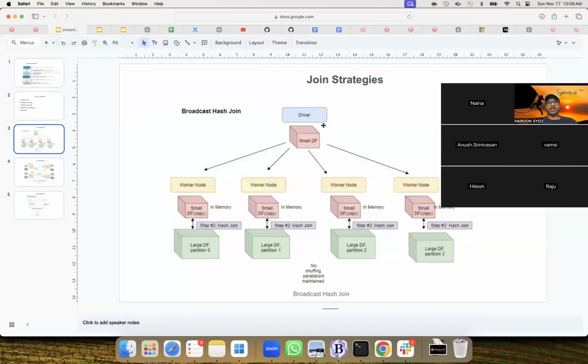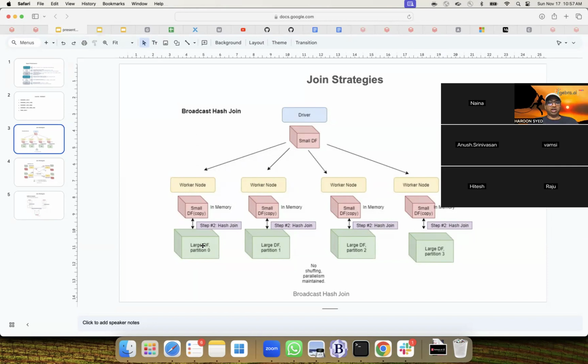That's what it says here. On the driver, there is a smaller data frame. There are 4 worker nodes. The smaller data frame gets shipped to all the nodes. See here, smaller data frame, copy, smaller data frame, copy in memory. It should fit in the memory. Smaller data frame in memory gets shipped, 4 copies. If you have 100 nodes, it ships 100 copies, sorry, 1 copy to each node, that is 100 copies.